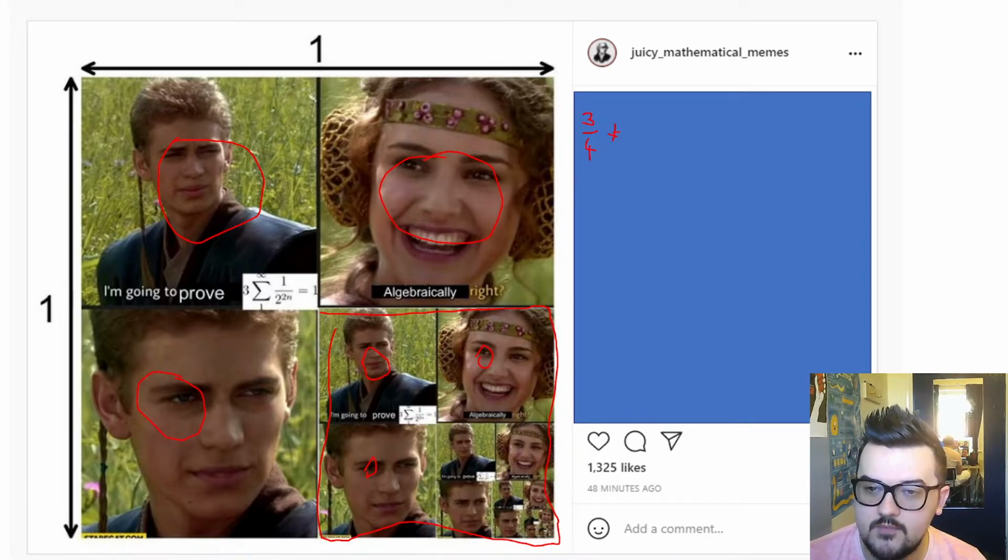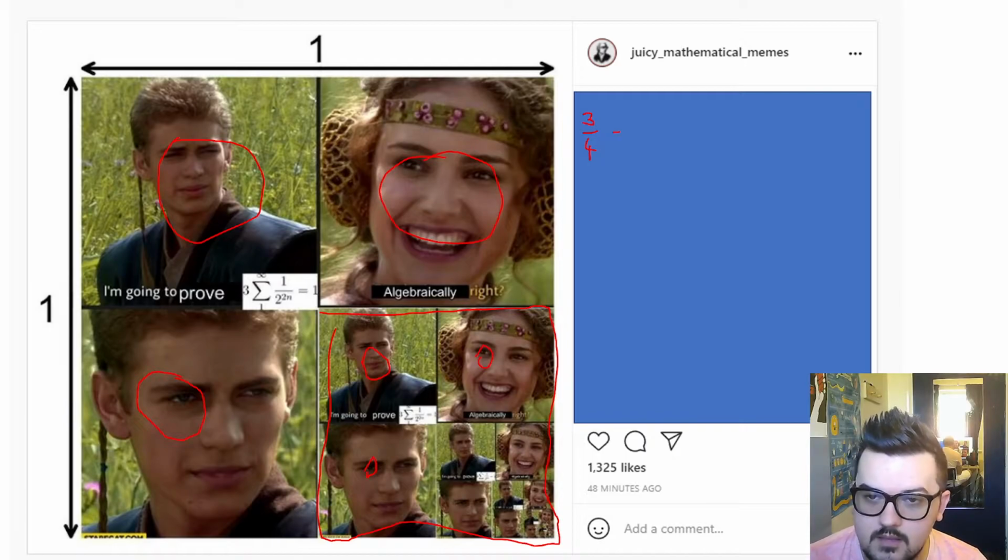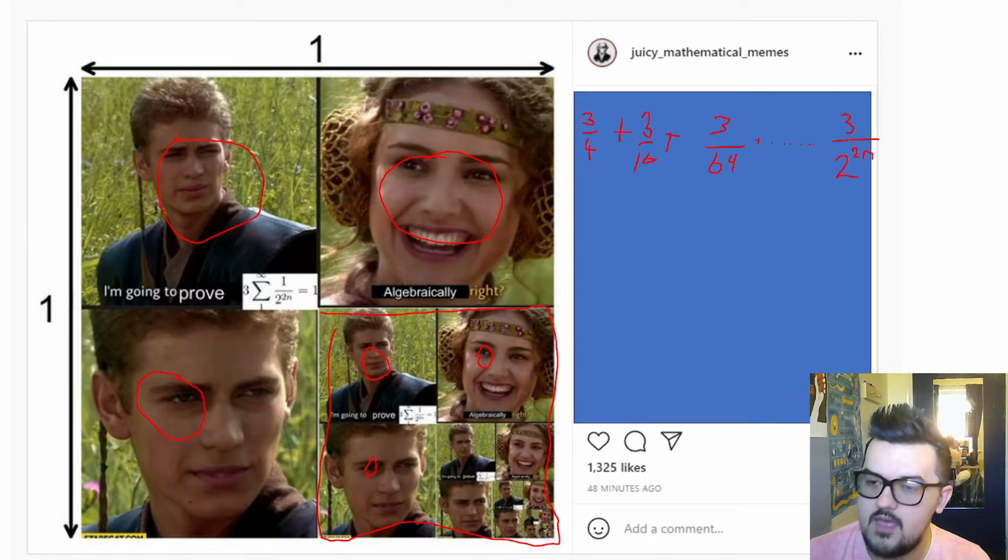So we now add 3/16, and then we go on. This is then split up into 64ths, 3/64ths, and so on. And the last thing you get is, surprisingly enough, 3 over 2 to the 2n, that last term.